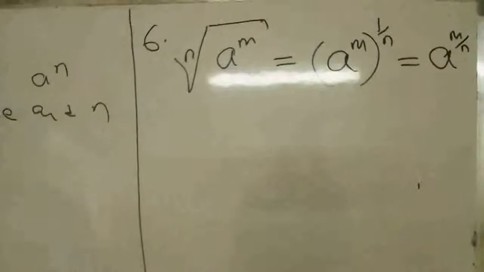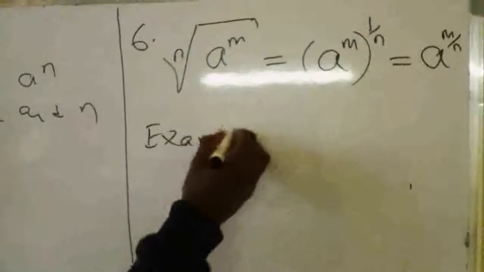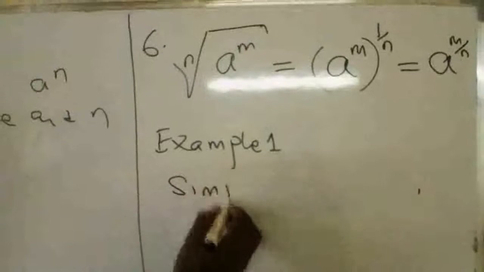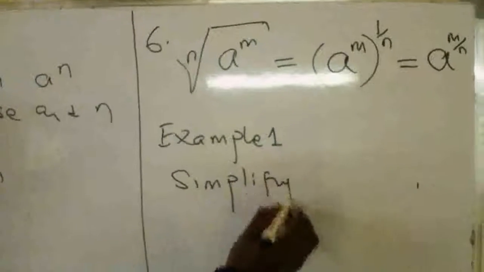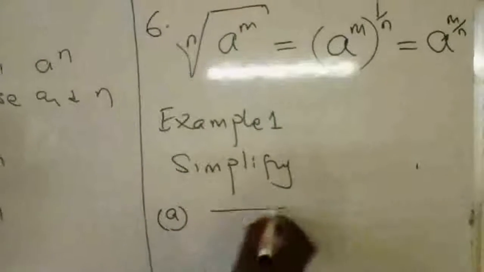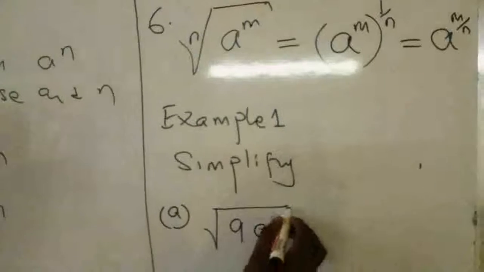So the first example, example number 1, says simplify. Part A, the root of 9a power 12.